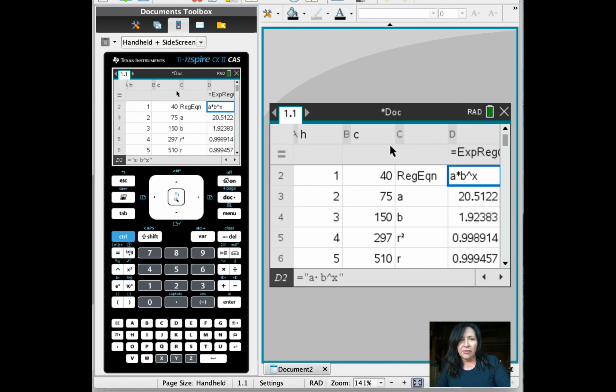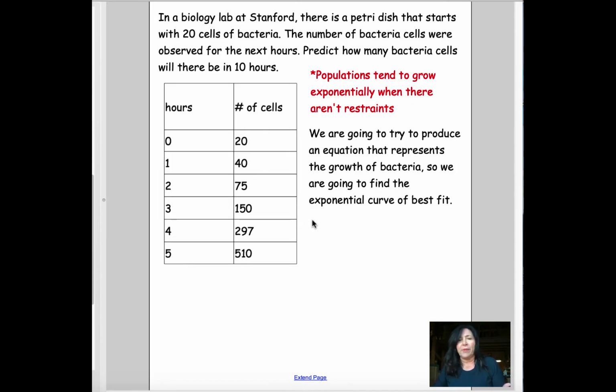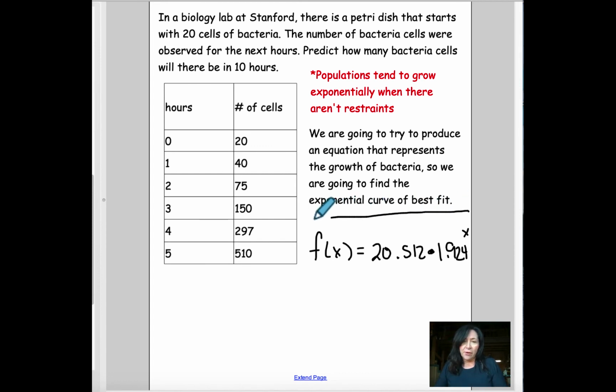Let's plug those into our equation. So we've got f of x is equal to a times b, so it would be 20.512 times 1.924 to the x power. And that would be our equation for the values that we have.